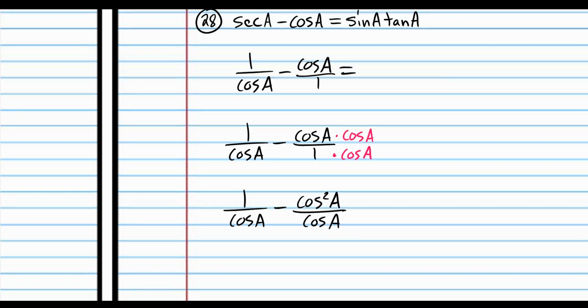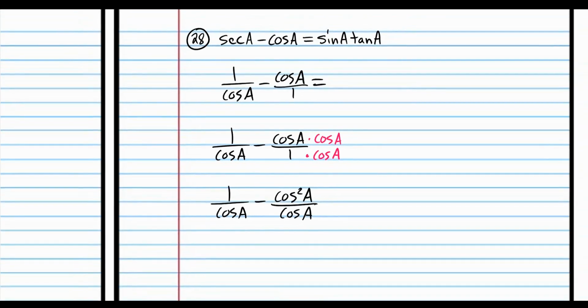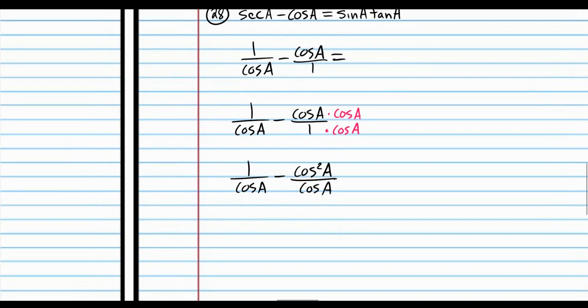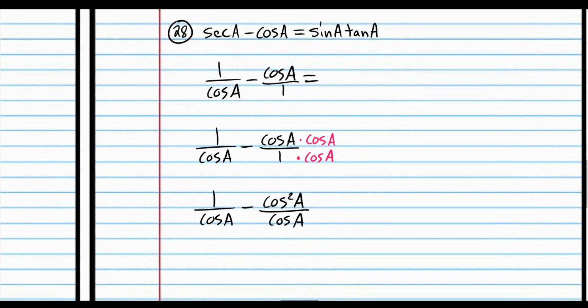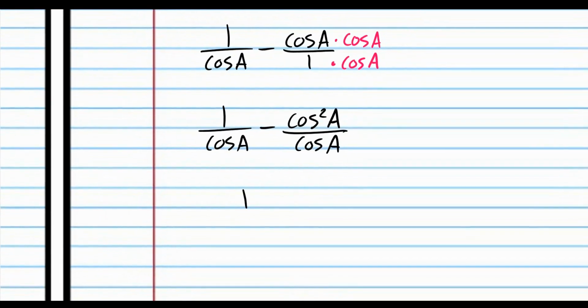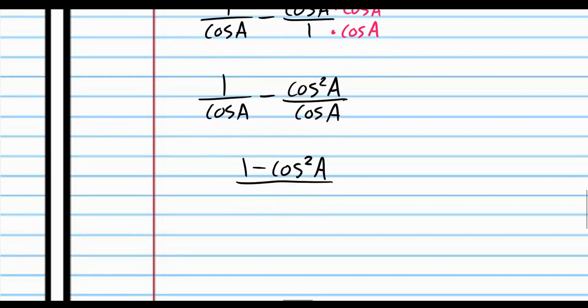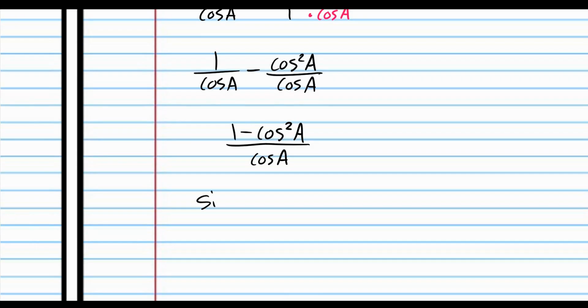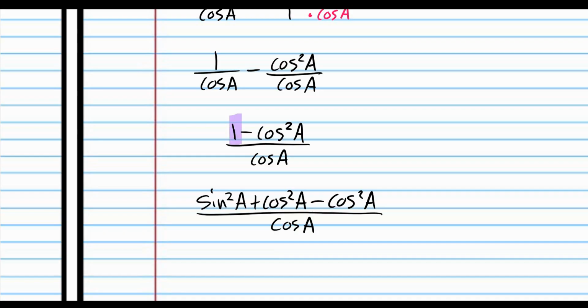Why did I do that? Well, we did it to get a common denominator, and so now we can combine those two fractions into one, and 1 is equal to sine squared A plus cosine squared A. That's a Pythagorean identity.